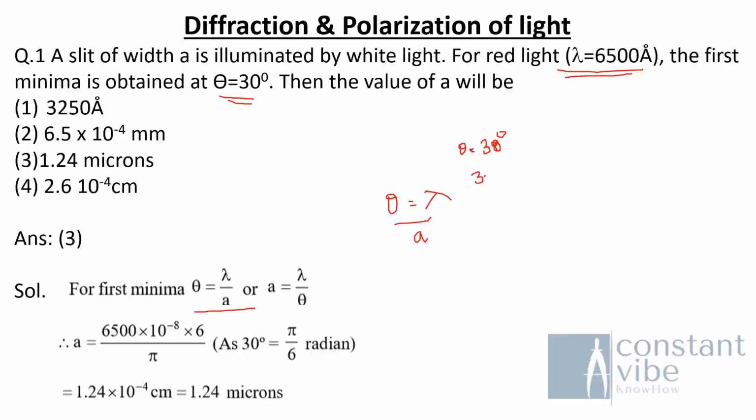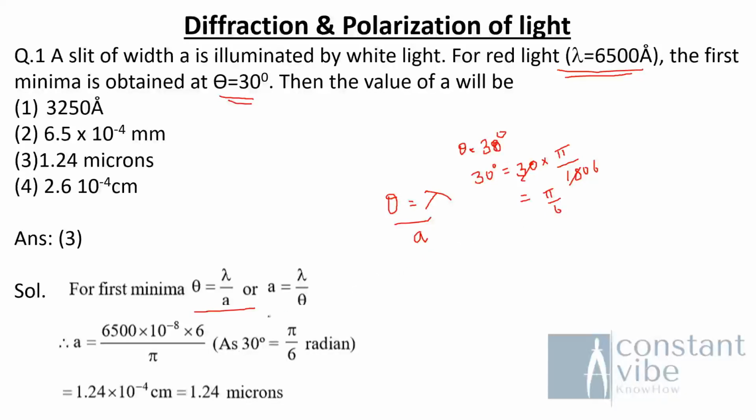So 30 degrees equals 30 into pi by 180, which will go 6 times. So pi by 6.